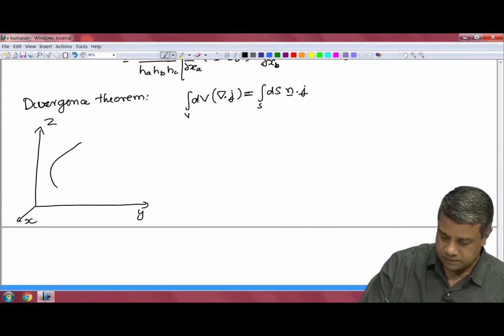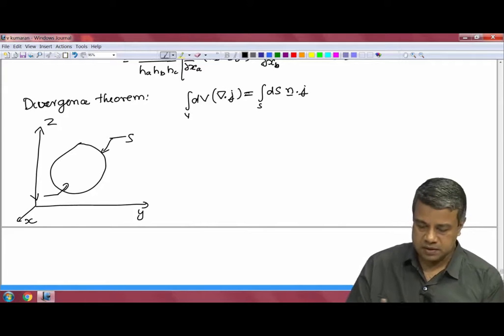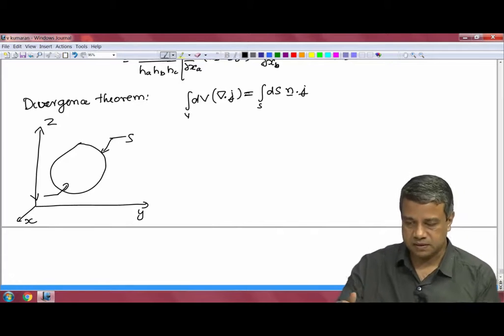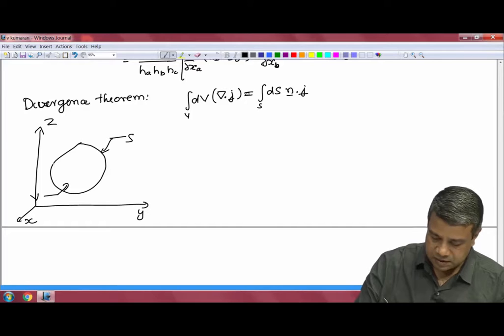I have a volume and a surface S, and I have to prove this relationship for this entire volume and its bounding surface, a surface that surrounds this volume. So, how do you do that? I divide this into a large number of differential volumes.